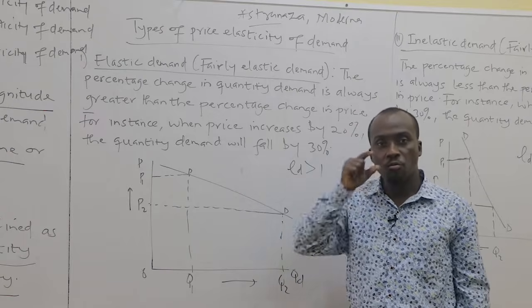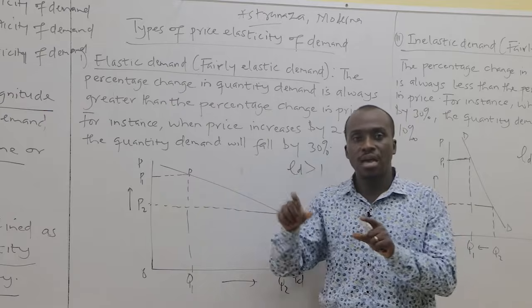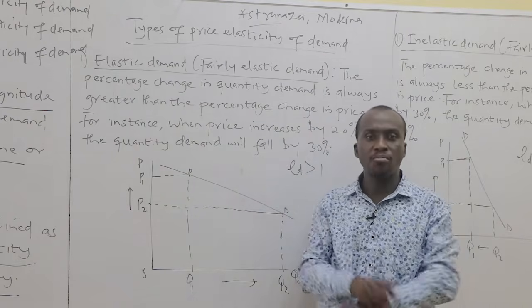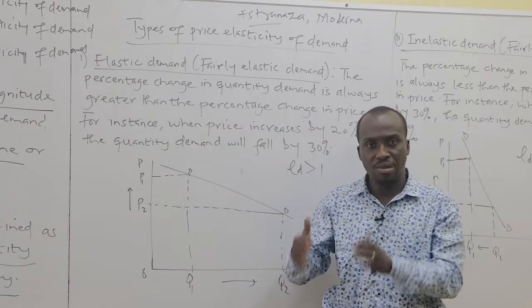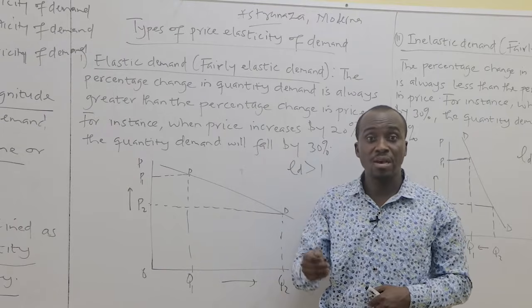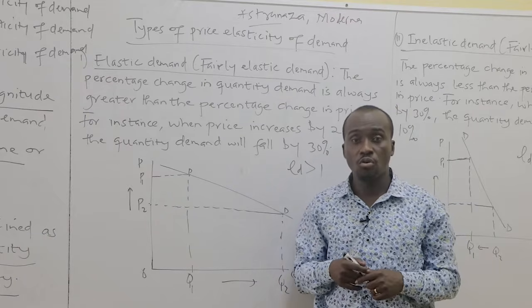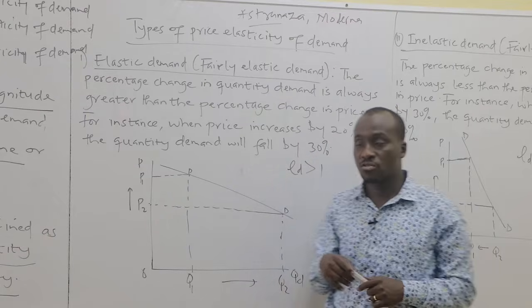They increased the price from 1 cedi to 1 cedi 20 pesewas, and a lot of people shifted. There was a large fall in the demand for Coke because the price of Pepsi was the same. That's one typical example you can actually relate to.